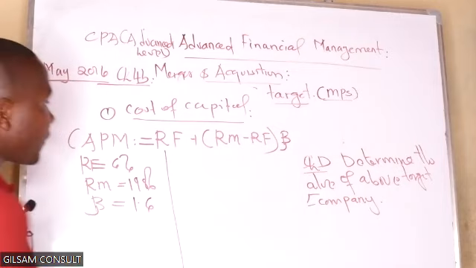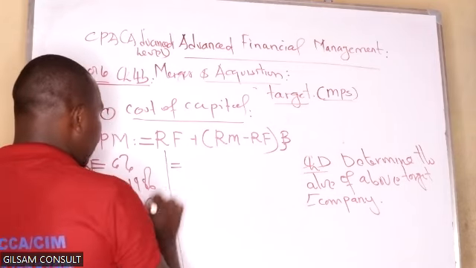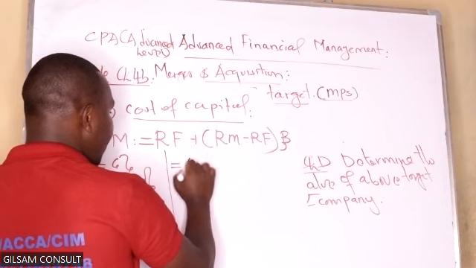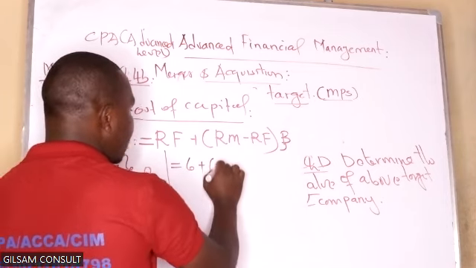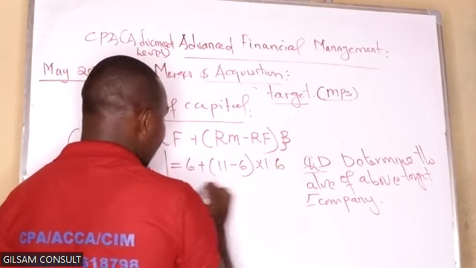So we can comfortably get the CAPM, which will be 6 plus (11 minus 6) times 1.6.